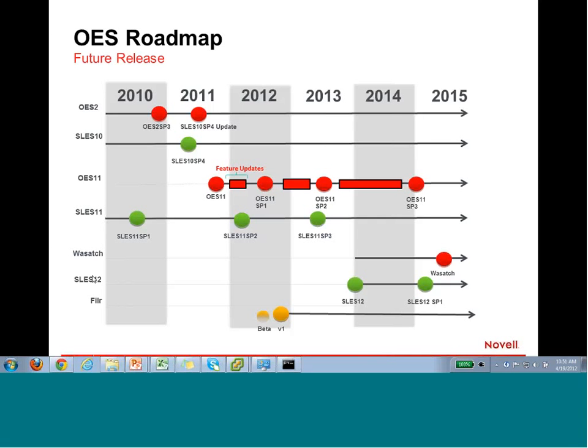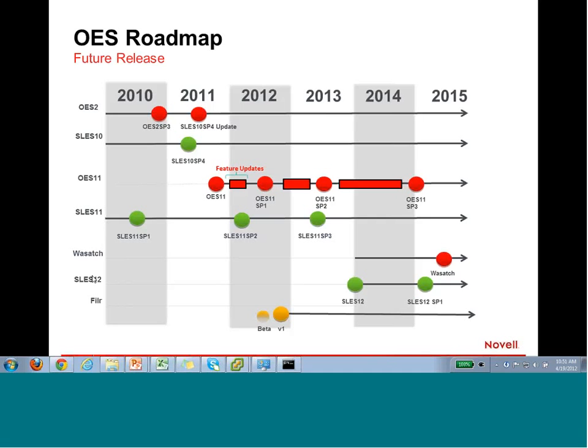And then, as you can see there, the plan is OES 11 SP2 is out there in the middle of 2013 sometime, and in between there is when we would deliver some of those feature updates. The goal is for the print capabilities that we talked about with the mobility and iPrint appliance.